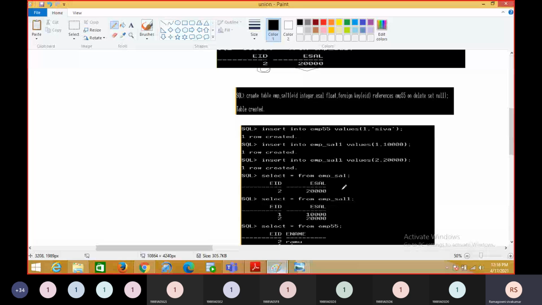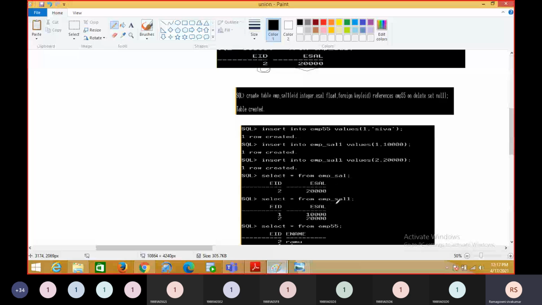The data for both employee IDs is available after inserting the two values.